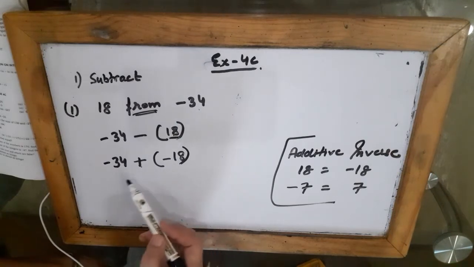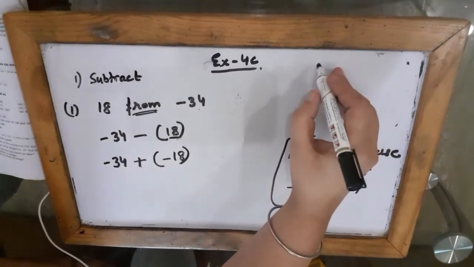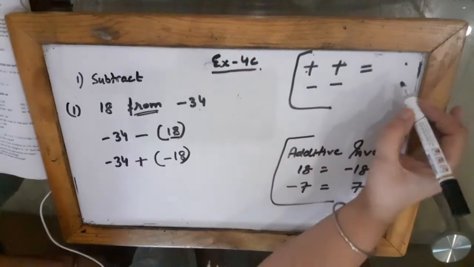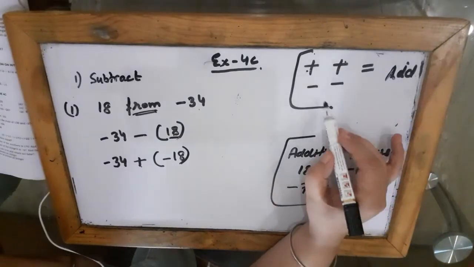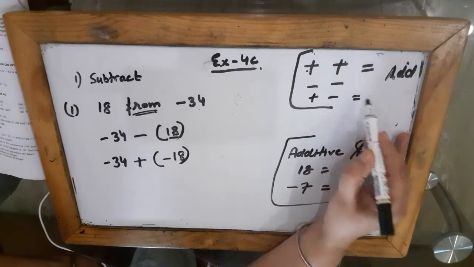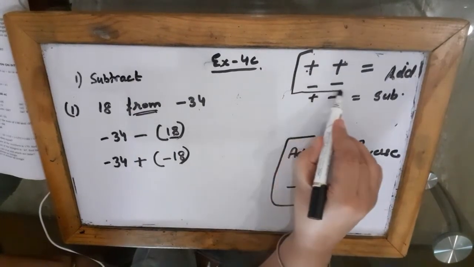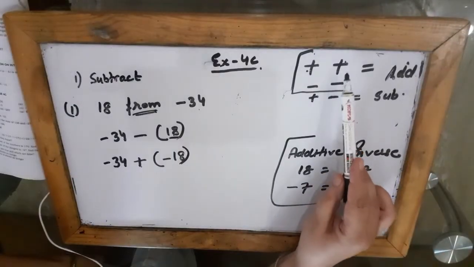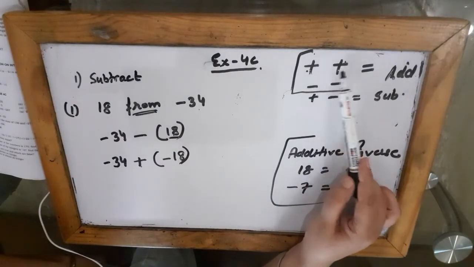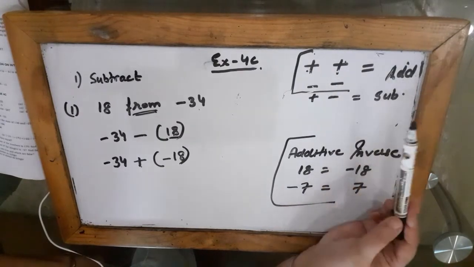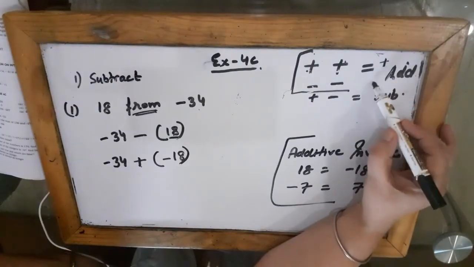Now this has become a sum of addition, and you have learned the rules of addition. Let me revise that. If both the integers are of the same sign, either both positive or both negative, then we add them, and the answer is positive or negative accordingly.